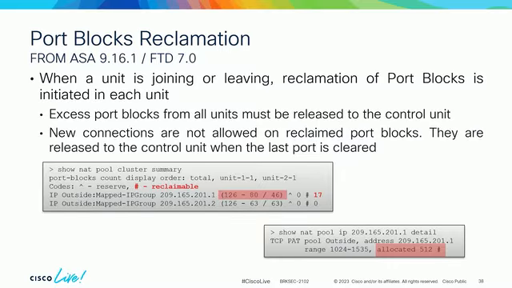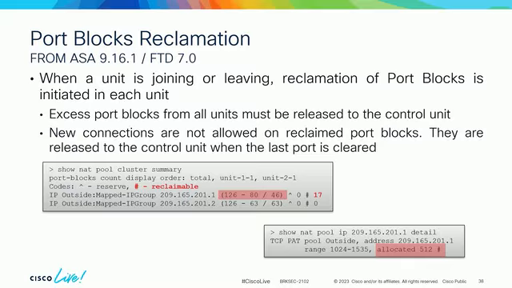And here we can see that 17 port blocks are marked as reclaimed by the control unit. So now, when you run the command show nat pool ip detail, you can see which port blocks are marked as reclaimed by the control unit with the hashtag.